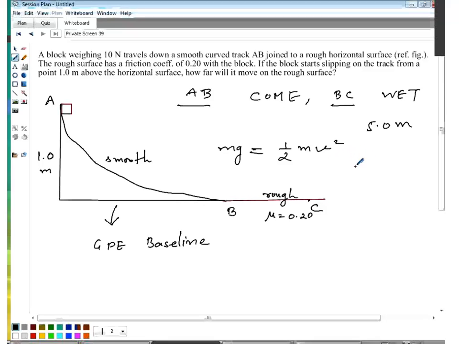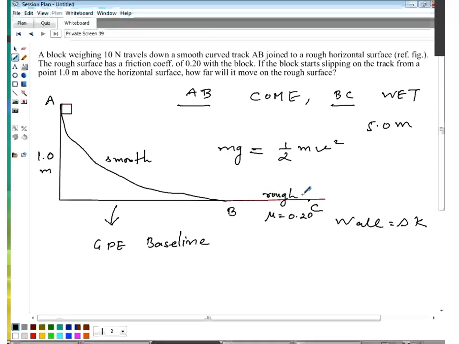You can find V if you like, but I don't think you will have to find V. Then what you need to do between B and C is that W all equal to delta K, and W all means, gravity cannot do any work.